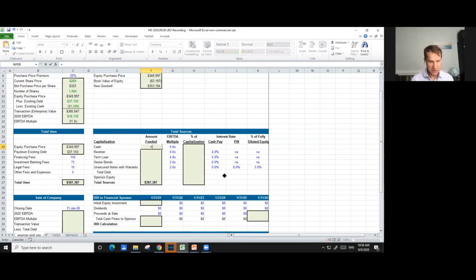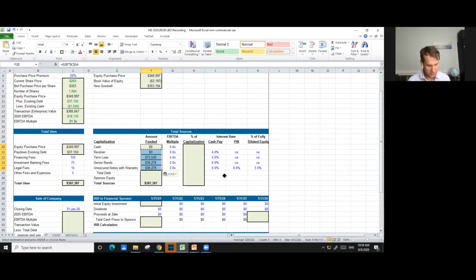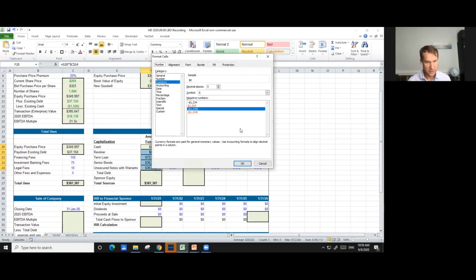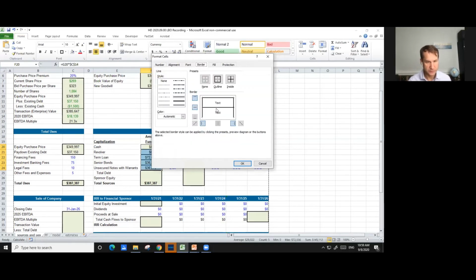Mechanically, it's very simple. It's multiple times EBITDA in cell C14. So I'll freeze EBITDA and I'll drag down all the way until total. I'll remove these borders here.